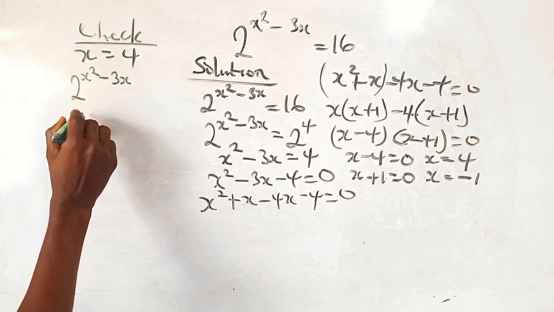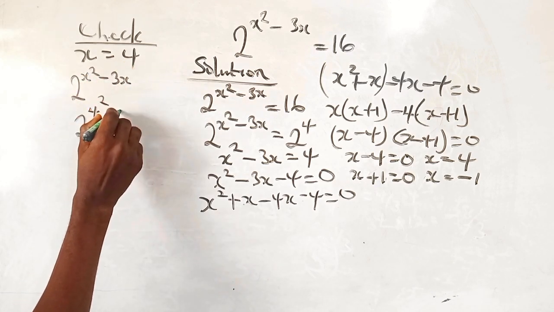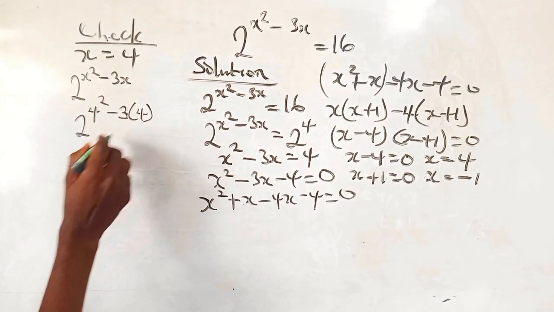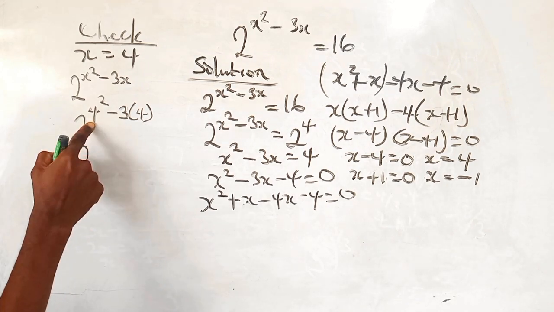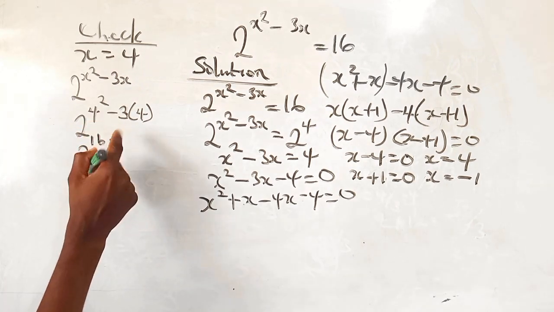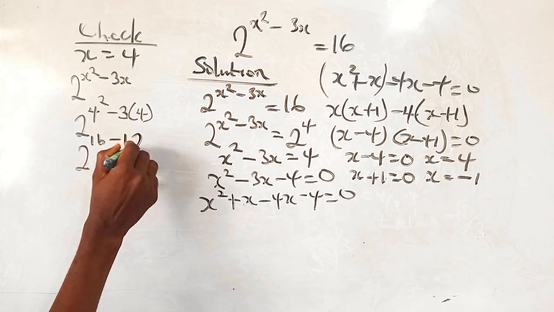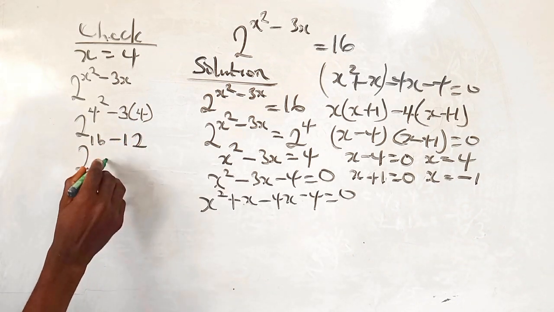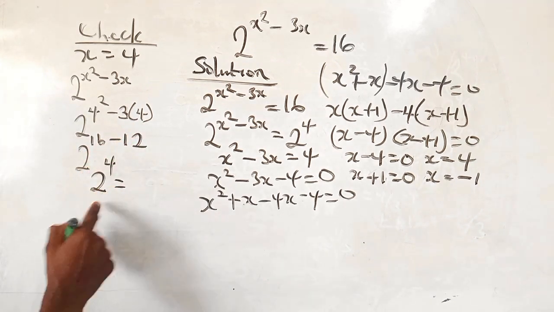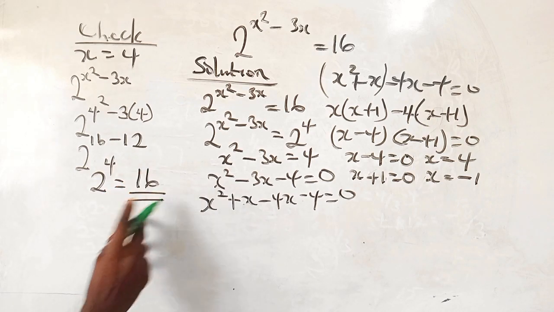For x to be 4, it's 4 squared minus 3 times 4. 4 squared is 16, minus 3 times 4 is 12. So we have 2 raised to the power 4, which is 16.